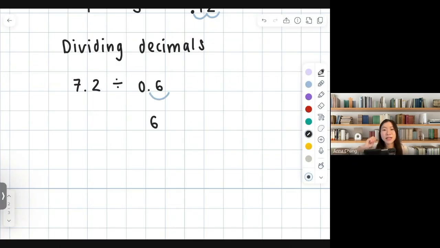We're going to move the decimal point the same number of spots to the right in our dividend, which is what we are dividing, this guy. We're going to move our decimal point 1 spot to the right as well. What we end up with is 72 divided by 6. And if you remember your multiplication facts, you'll know that this is equal to 12. And that's our final answer.